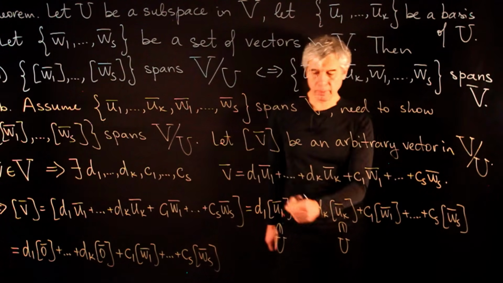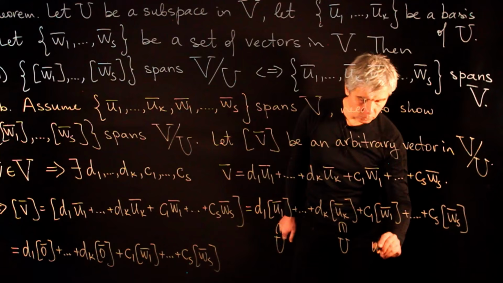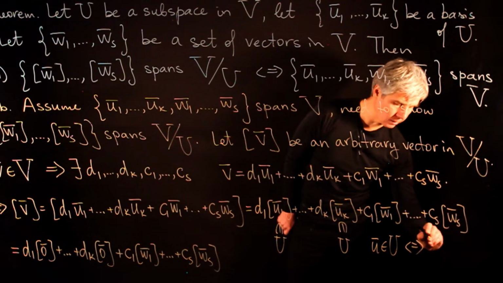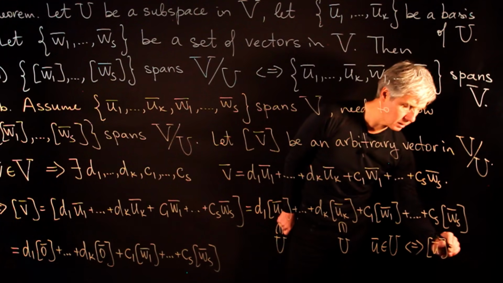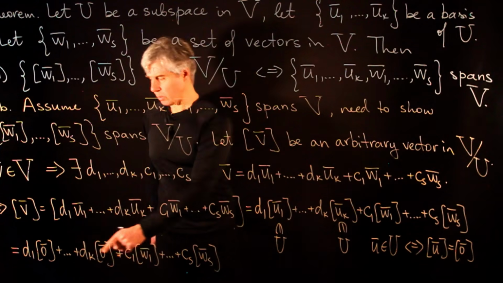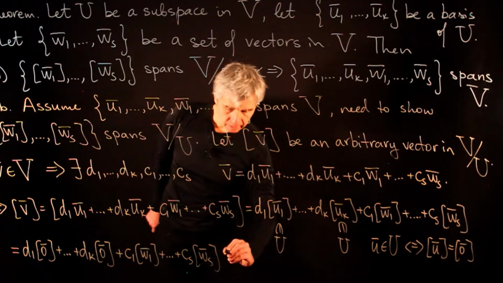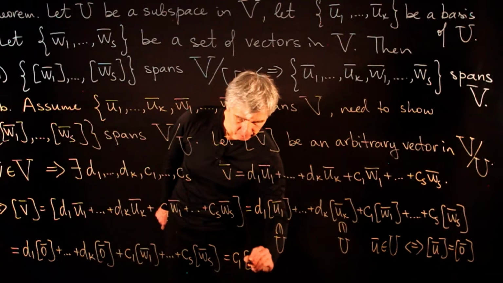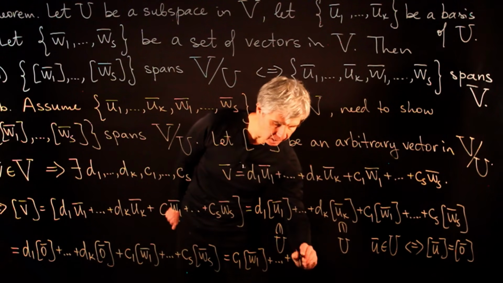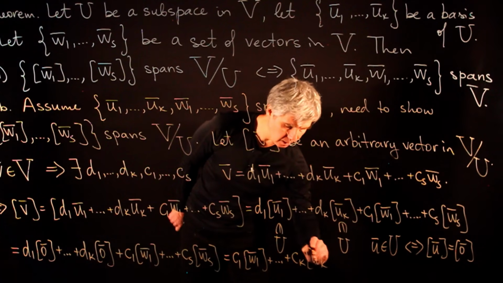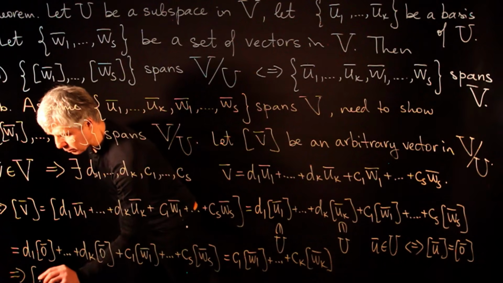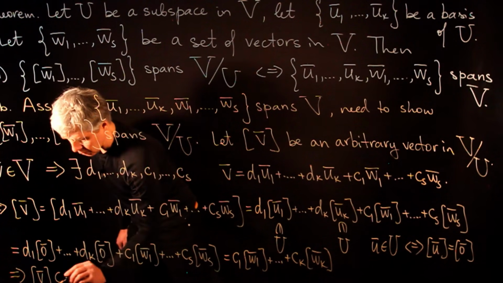This is based on the observation that if U belongs to the subspace U, this is equivalent to saying that the equivalence class of U is equal to the equivalence class of 0. And so the first k terms will vanish, and we will just get C1 times the equivalence class of W1 plus ... plus Cs times the equivalence class of Ws.